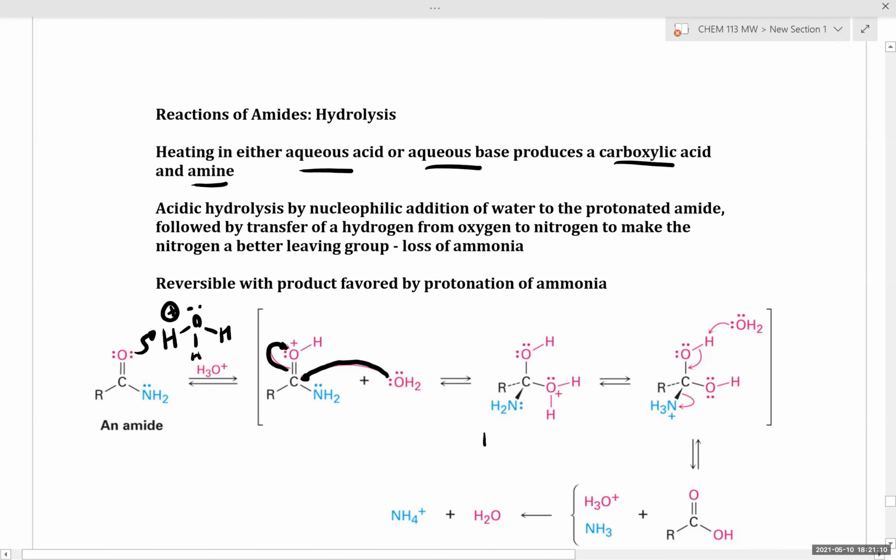From here, we're going to engage in a series of proton transfers where our amine is protonated to yield a substantially better ammonium ion leaving group, and we pull off a proton from our alcohol to free up a lone pair. From here, our carbonyl will be reformed and we'll lose our leaving group, such as ammonia.